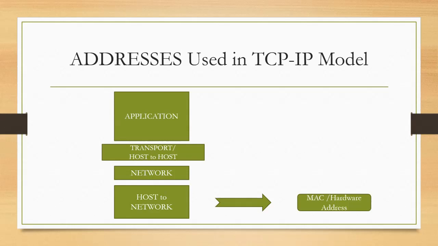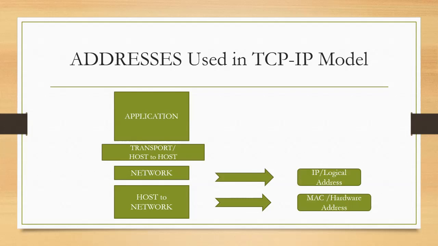It is also called the physical address. There was one question in the previous sessions: what are the alternate names for the physical and logical addresses? So here is the answer. The physical address is also known as the MAC address or hardware address.